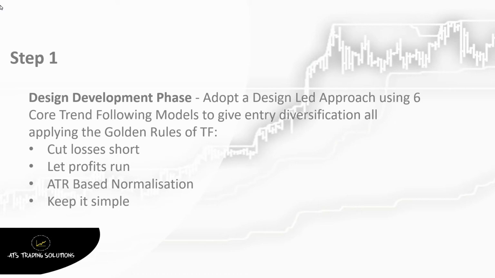So the idea being with these different models, we get this strong system diversification within our portfolio that allows us to attack different sections of trends and their components. And we will at a later video talk about what these 6 core trend following models are, but for now just understand that there are multiple entry techniques, but there's a very common theme to this, and that is the golden rules. Lovely. Okay, let's move on to step 2.